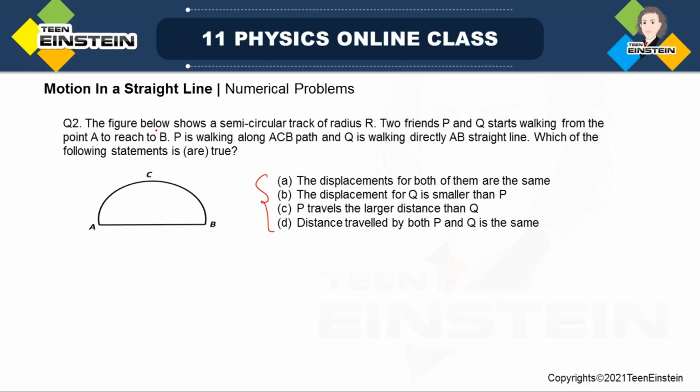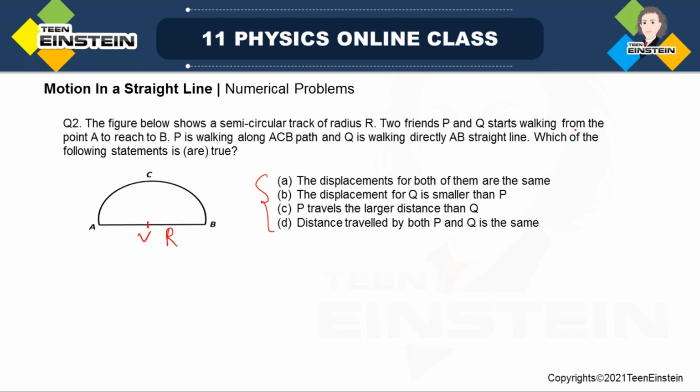The question is, see this semicircular path. This is a semicircular track, okay? And it has a radius. If I say this is the center, so radius is r, okay?